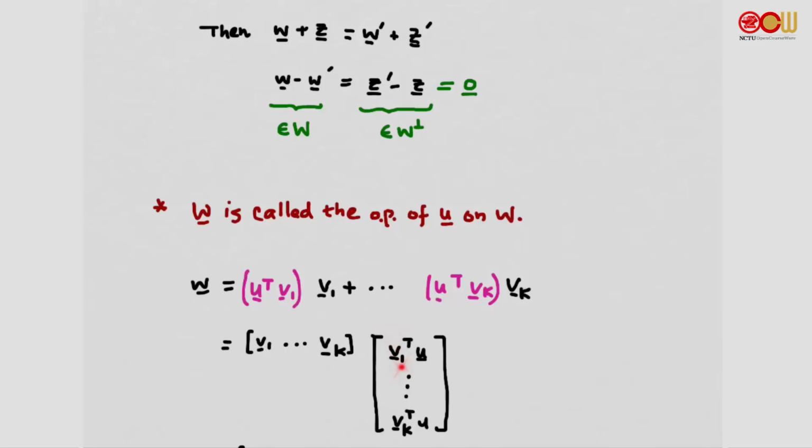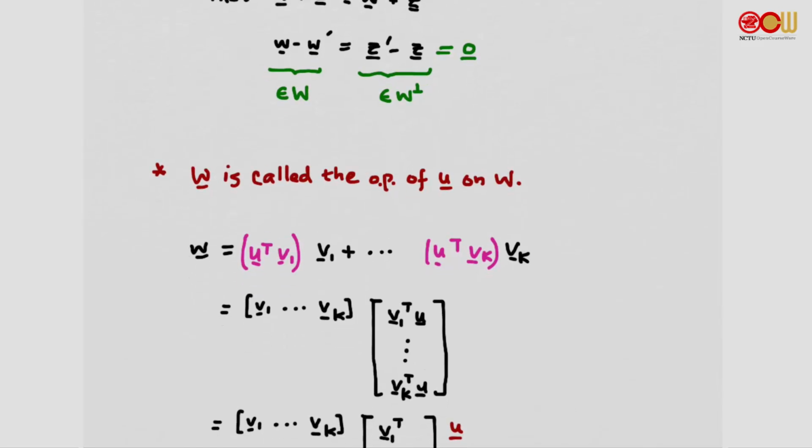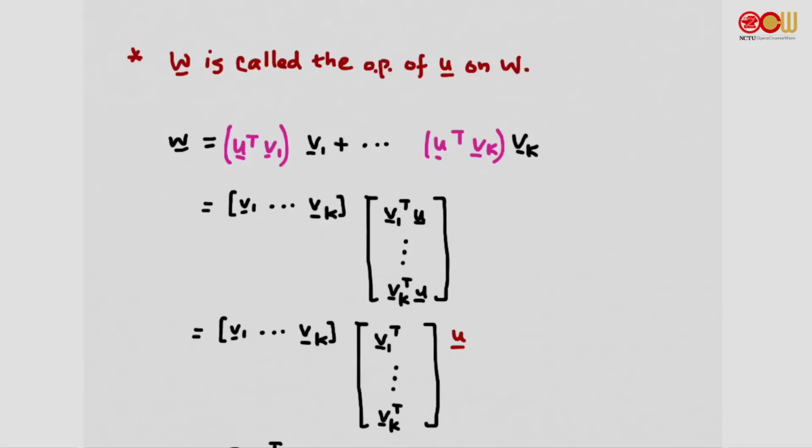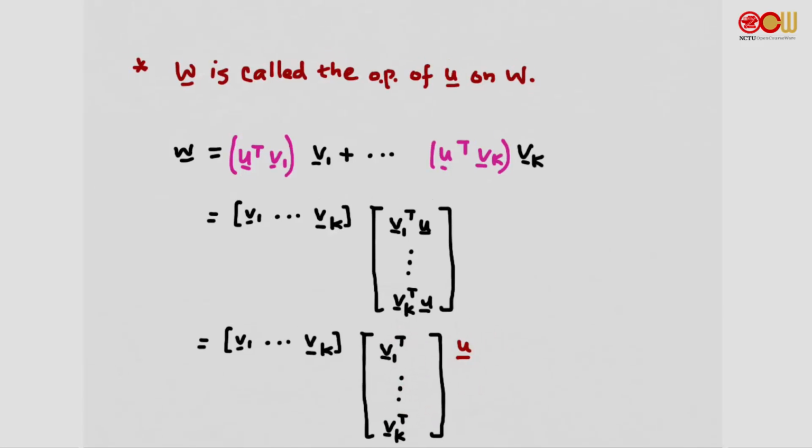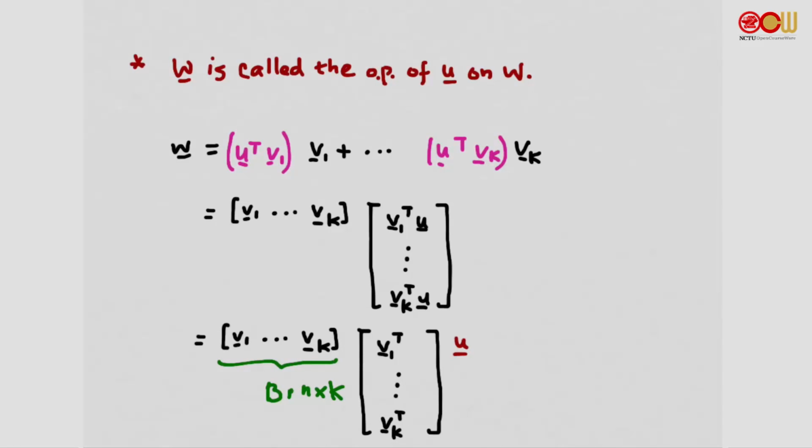In this vector, we observe that every one of these terms has a u: v1 transpose u, v2 transpose u, and vk transpose u. So we can pull out this u, and we also have v1 transpose to vk transpose, and then u. If we call this matrix B, the dimension of B is m by k, then this one is B transpose.